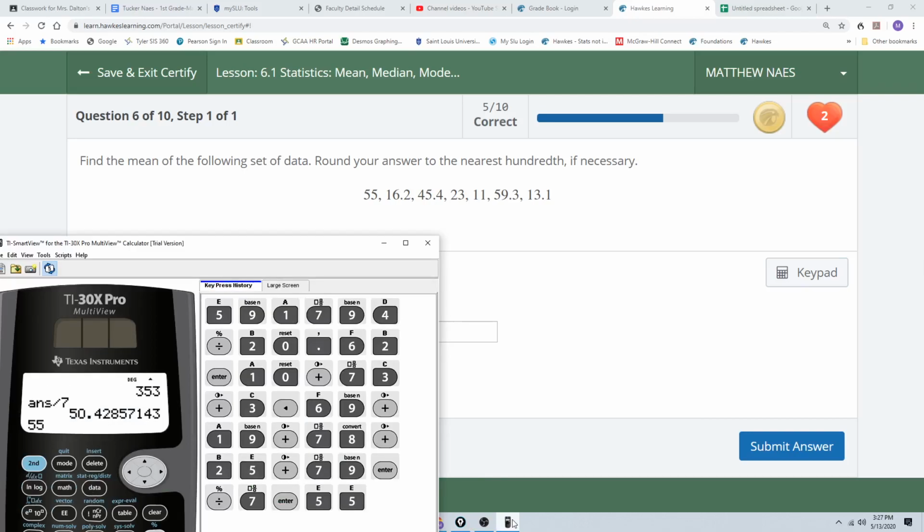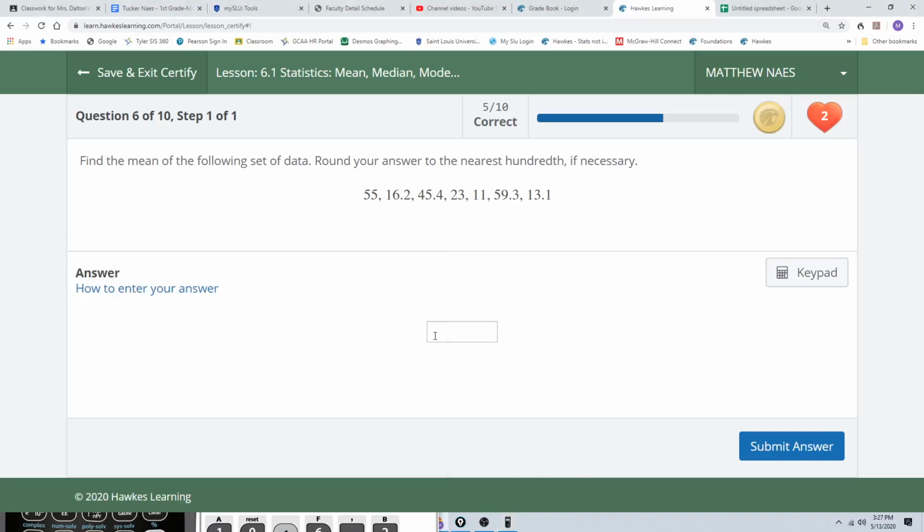So 55 plus 16.2 plus 45.4 plus 23 plus 11 plus 59.3 plus 13.1, and then we divide that by 7, and get 31.86.